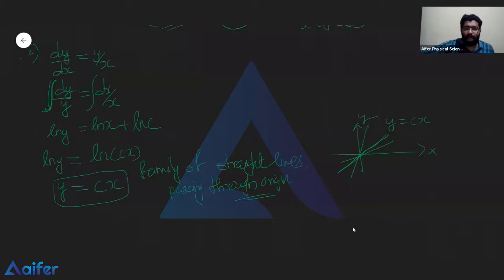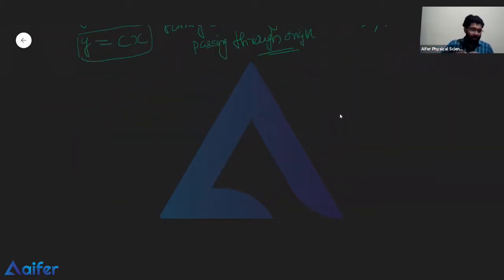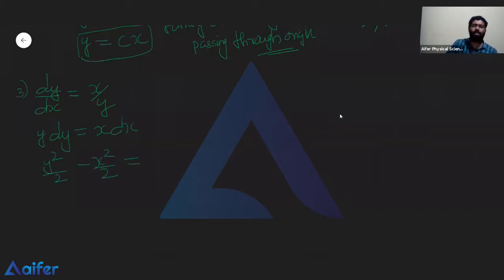Now, one more example I will give you. Third one, say dy by dx equal to x by y. Now, if you take this, y dy equal to x dx, now y square by 2 minus x square by 2 equal to a constant of integration c.